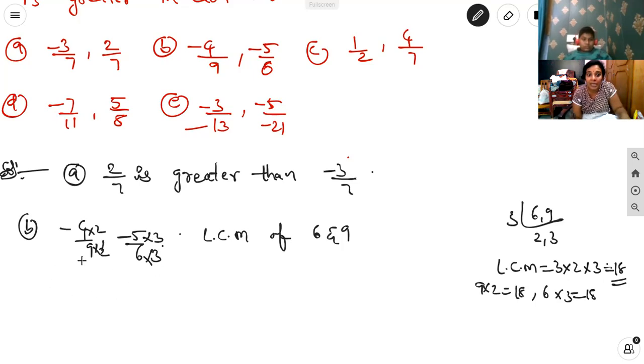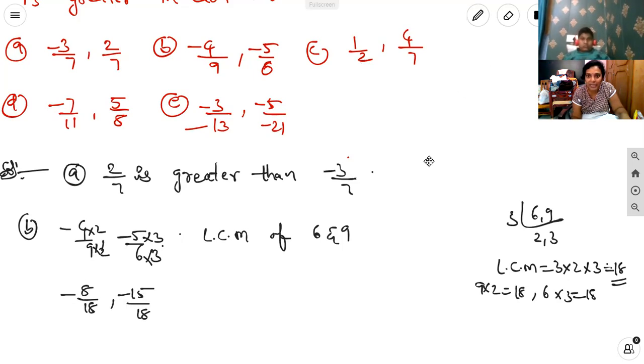So these two fractions are reduced to like fractions. Minus 4 2s are minus 8 by 18. Minus 5 3s are minus 15 by 18. Now these two are like fractions, and both have the negative sign.